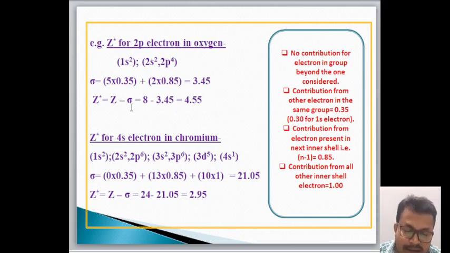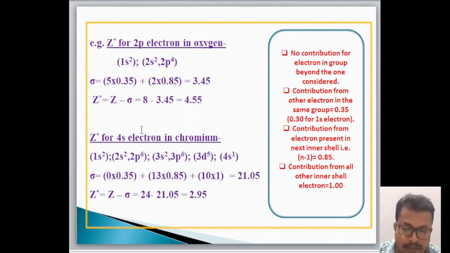To calculate the effective nuclear charge, that is Z star, we subtract the screening constant value from the atomic number. So it becomes 8 minus 3.45, which is 4.55. That means the effective nuclear charge felt by this 2p electron is 4.55.